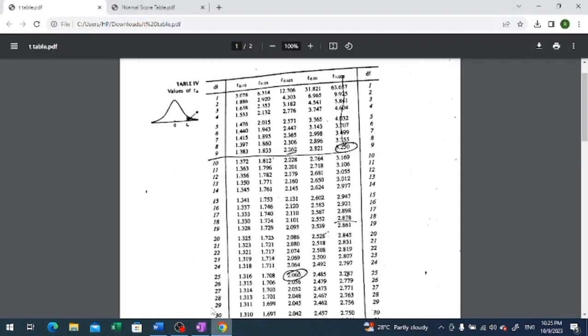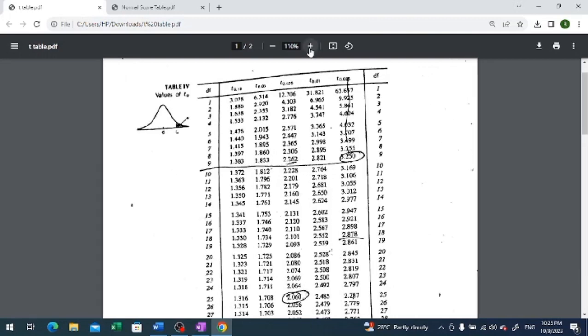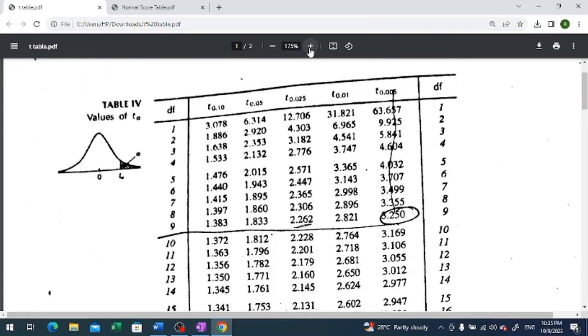Now if we consider the header of the first column of the t table, this is t with subscript 0.10, and it indicates that all available t values in this column are the t values corresponding to 80% CI.